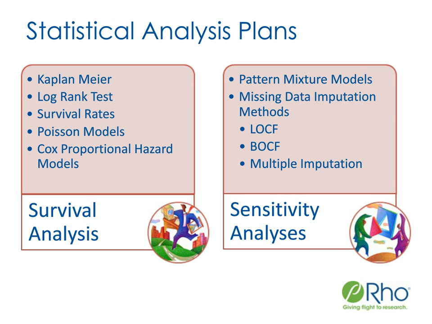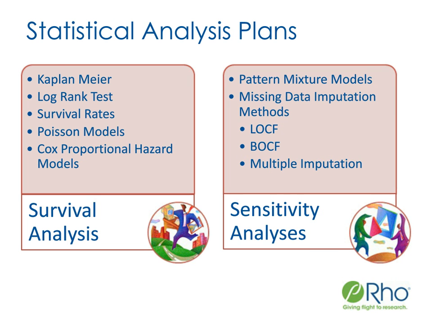Because censored subjects can bias the results if not accounted for properly, it is not appropriate to use standard descriptive statistics for time-to-event data. You can use log-rank tests, survival rates, Poisson models, and Cox proportional hazard models to perform hypothesis tests of differences in survival between treatment groups.